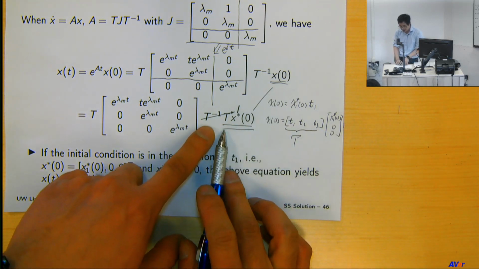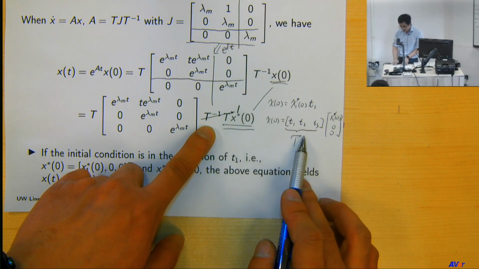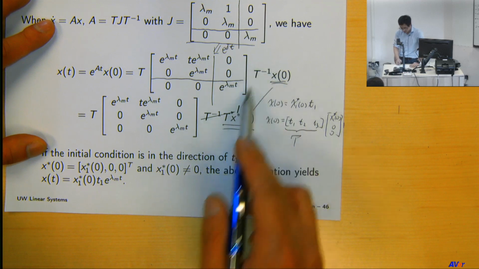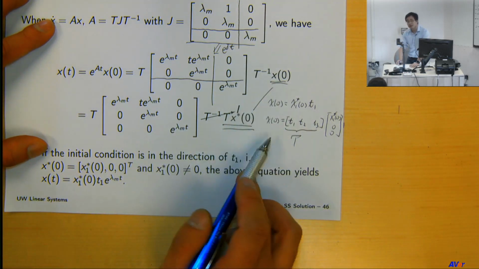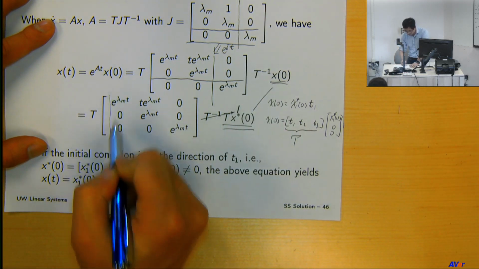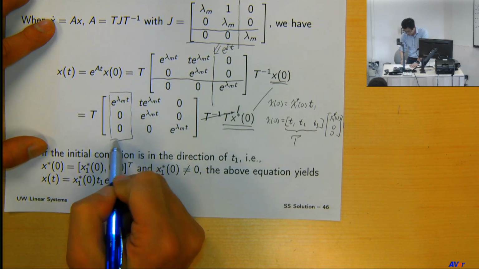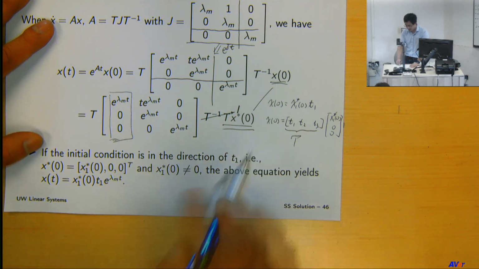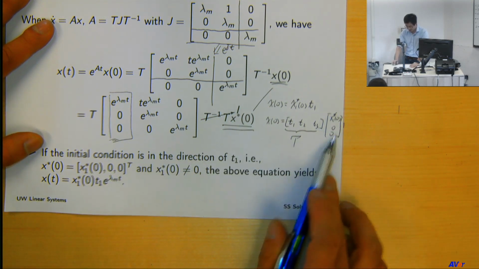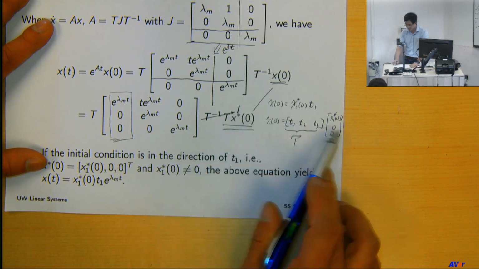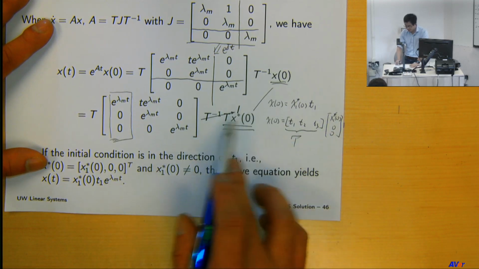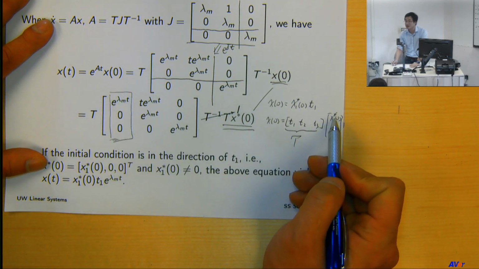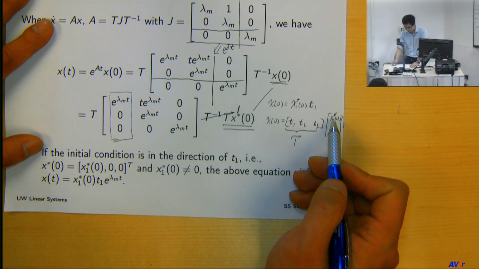From there, we can see that T multiplies out with T inverse, so this whole thing is going to pick the first column of this matrix. If x star is this vector, T inverse cancels out with T, so it picks only the first column and then multiplies by some scalar, x1 star.